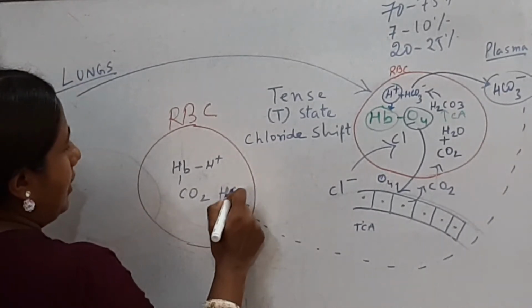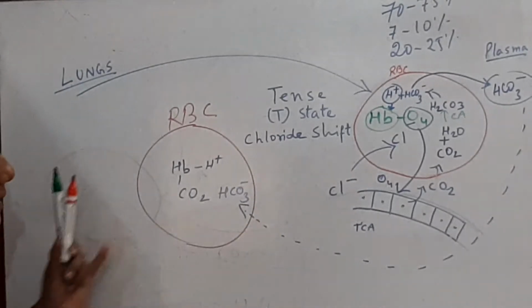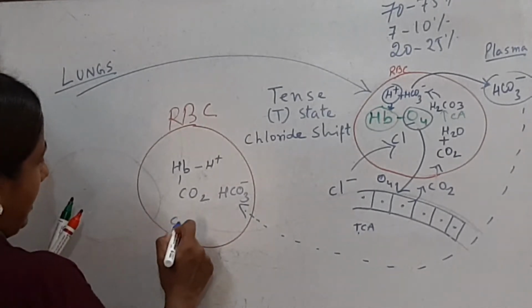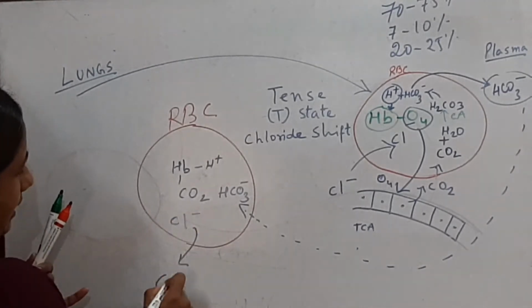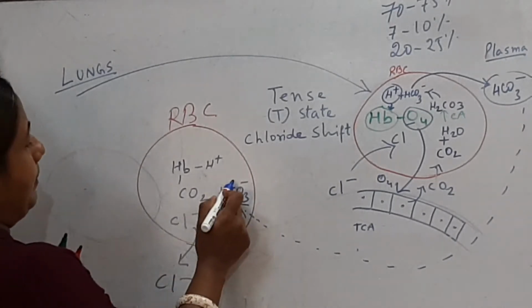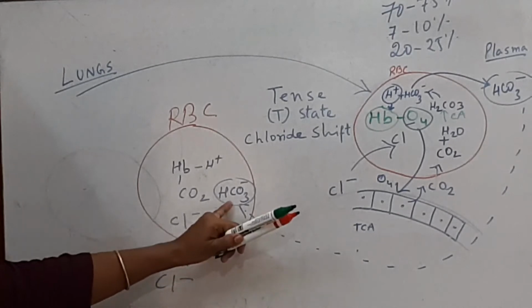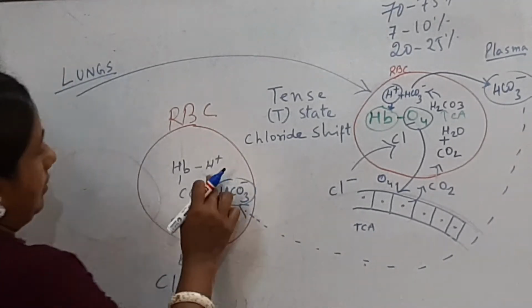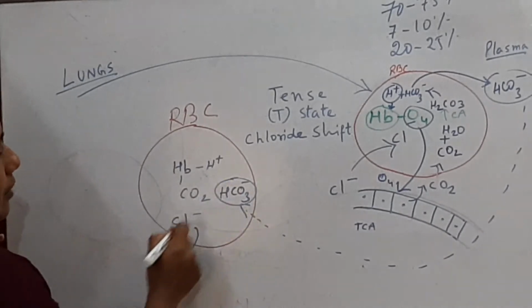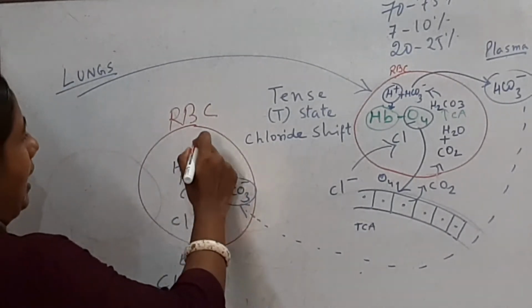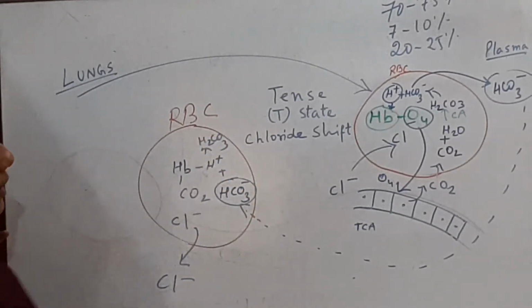As soon as the bicarbonate enters the RBC, the chloride which was present inside leaves the RBC and goes out. Here also chloride shift takes place. So here you see bicarbonate enters the RBC. Now this bicarbonate binds with the proton and forms carbonic acid again, H2CO3.